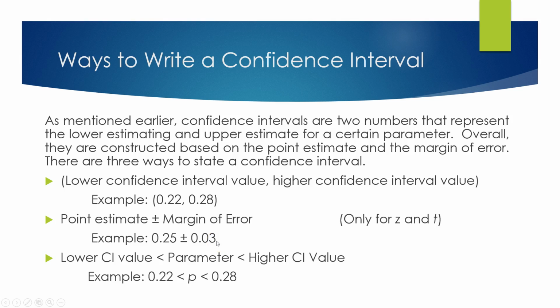We will be calculating margins of error specifically to individual questions in future topics. Lastly, this is a variation of the first one. We will also be putting our lower number, a less than sign, the parameter we're estimating, so this would be a proportion for a population, a less than sign, and then the higher number.